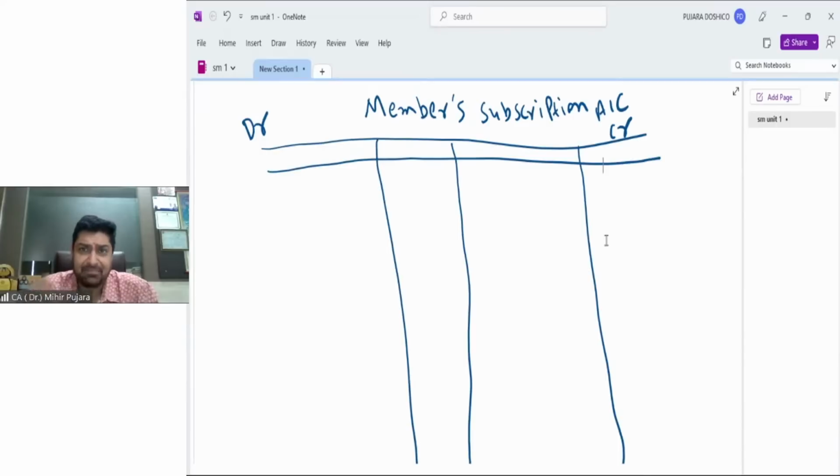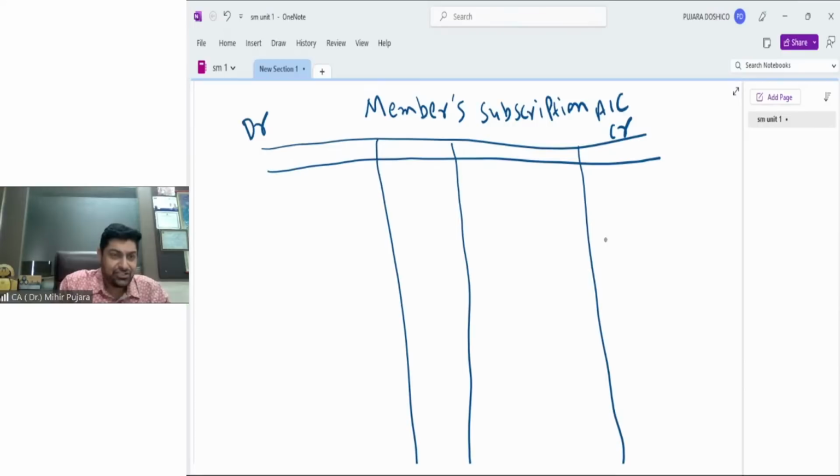So, say for example, you are a club and I am your member. So, in your book, I am a debtor because I have to pay you money. Understood, guys? So members subscription account in the books of club or association is one type of debtor, one type of receivable.